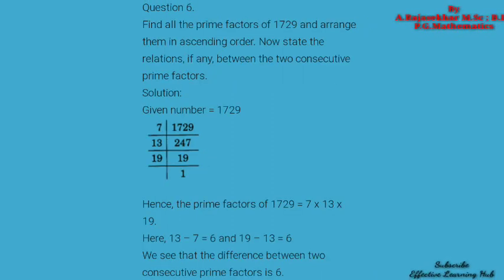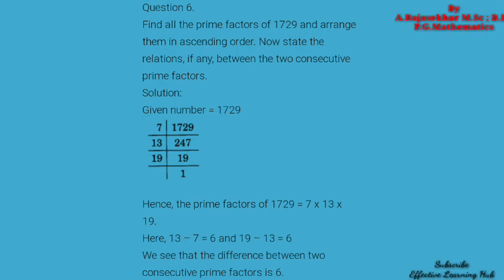Next, sixth question. Find all the prime factors of 1729 and arrange them in ascending order. Now state the relations, if any, between the two consecutive prime factors. First, given number 1729.